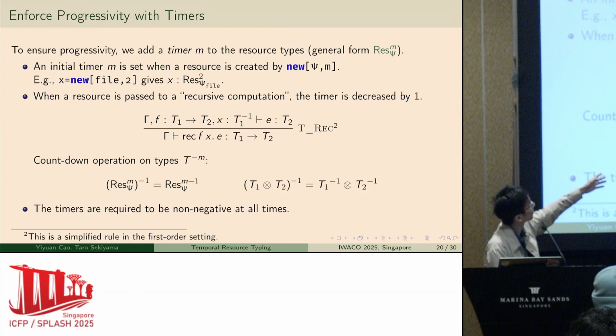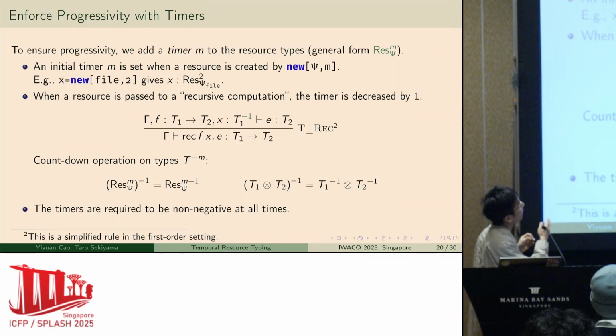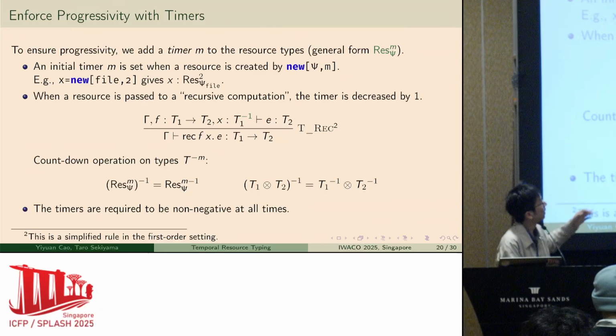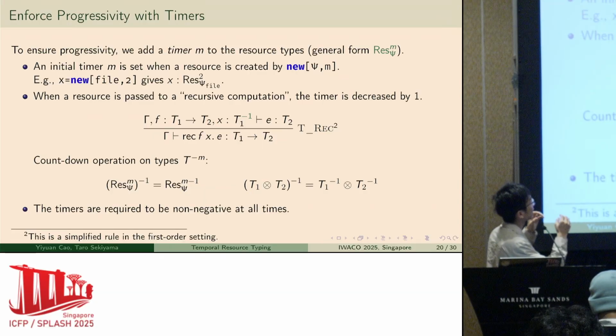As you can see from the typing rule, when argument x is passed to the recursive function call, before evaluating the function body e, we decrease all of the resource timers inside the argument. The countdown operation is defined here. It structurally goes inside the types to decrease all of the resource timers.